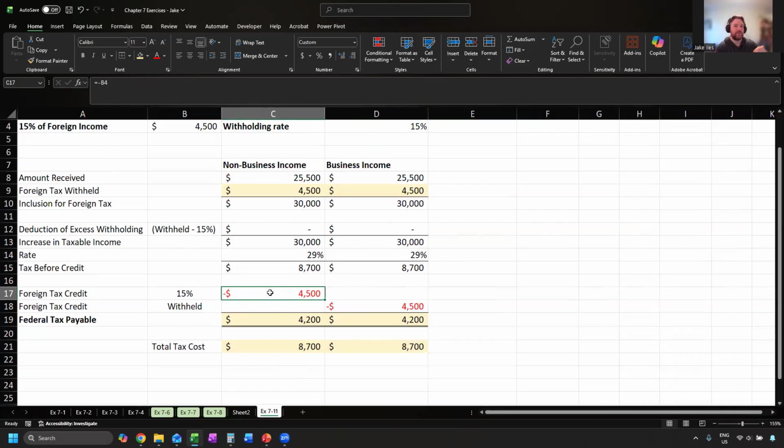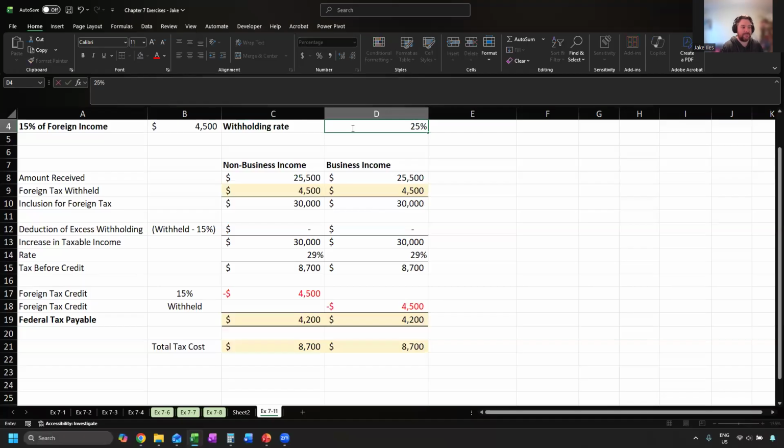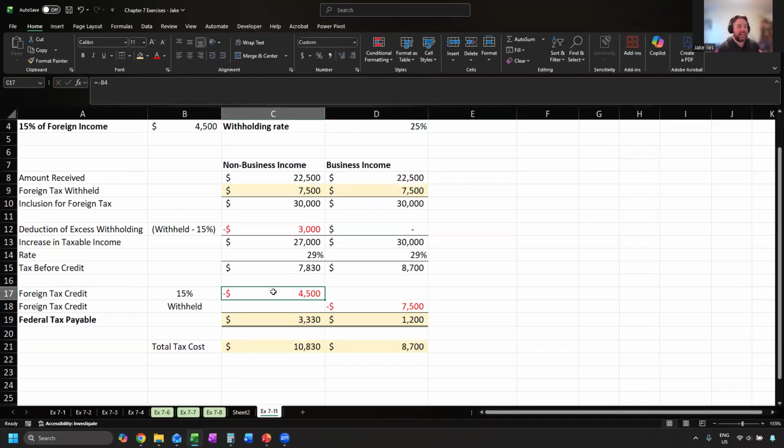There's no amount of taxes we paid that we're not getting a credit for. So if the withholding rate is up to our maximum, we're in the same position. Our total tax cost is the same as if we had paid it in Canada. When the withholding rate goes above our 15%, we're not getting the full credit for what was withheld from us. So there is an increase in our total tax cost.